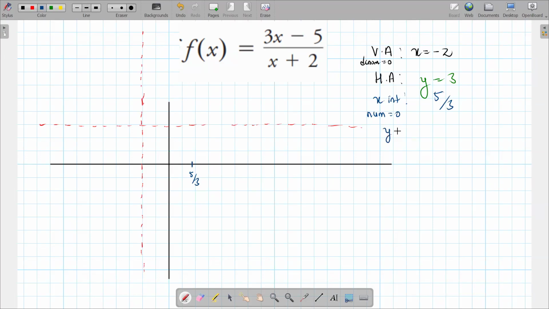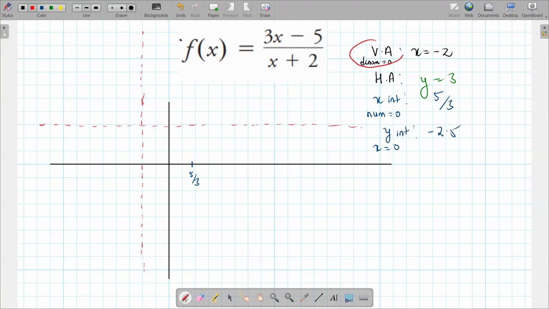What about the y-intercept? To find the y-intercept, you set all the x values inside the function equal to 0. So this set to 0, this set to 0. What do you get? You get -5/2, which is -2.5, right? So there you go. That's going to be your y-intercept.